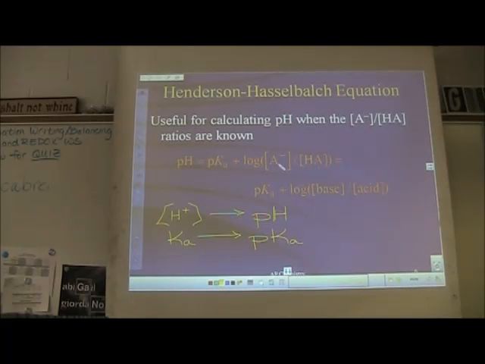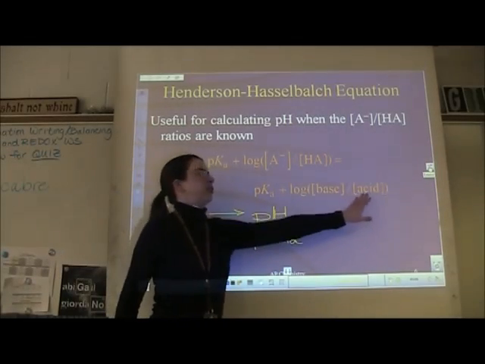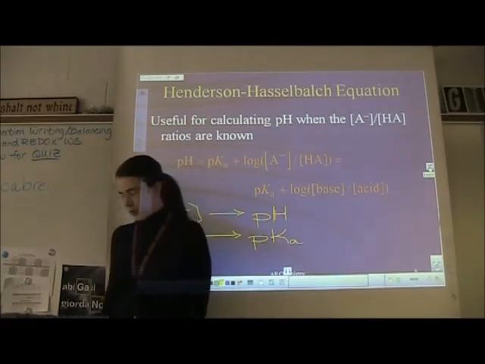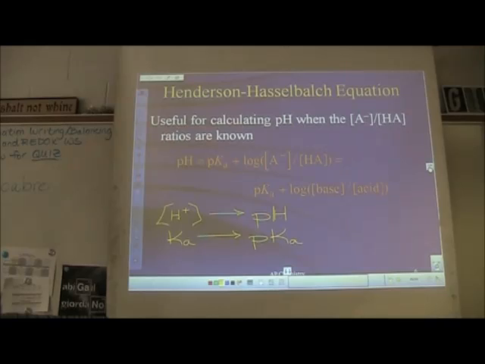Now, this second part, plus log of A minus over HA. Brackets, of course, mean molarity. I rewrote it like this because to me this is a little bit easier to understand. We can use this with a buffer only.